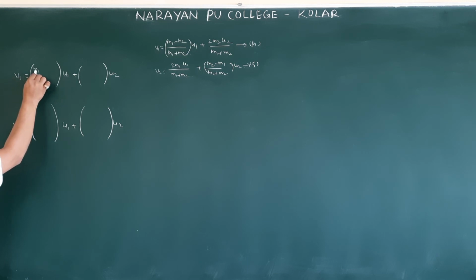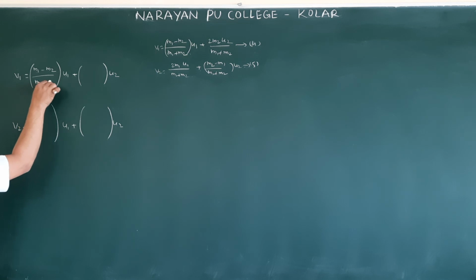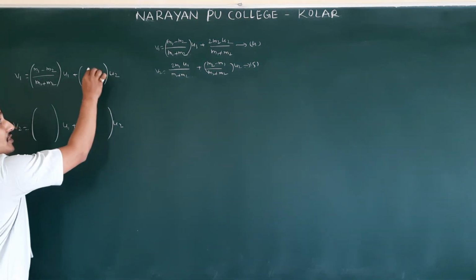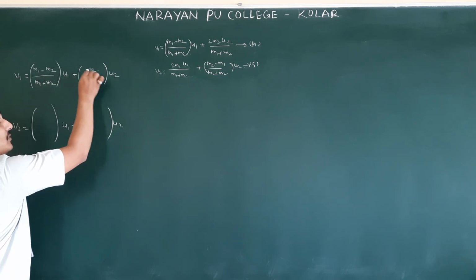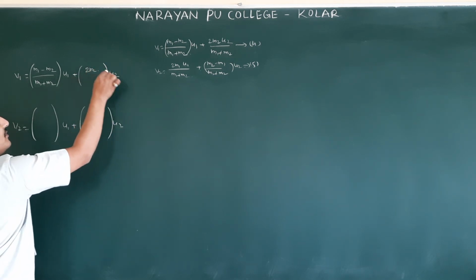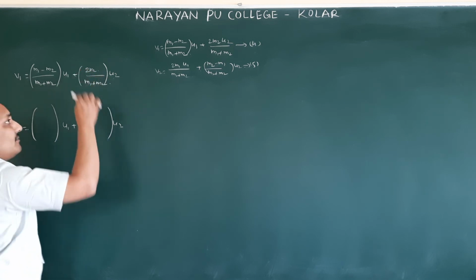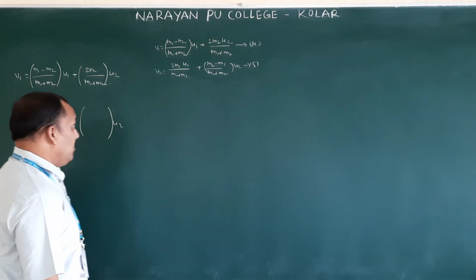Otherwise, for V1 you can take M1 U1, M1 minus M2 by the denominator, everyone will remember. Next, U2. Whenever U2 is coming, we should get M2. Therefore here you will get 2M2 U2 by M1 plus M2. So this is the equation.